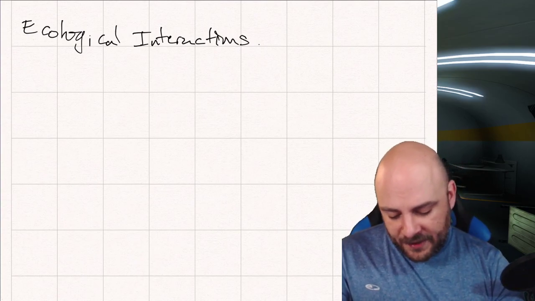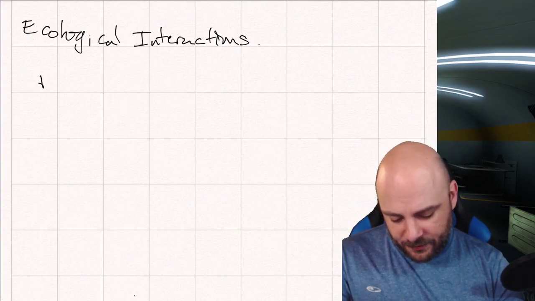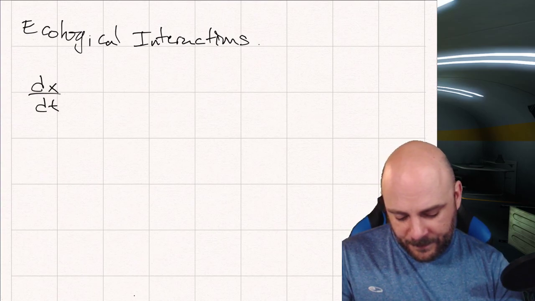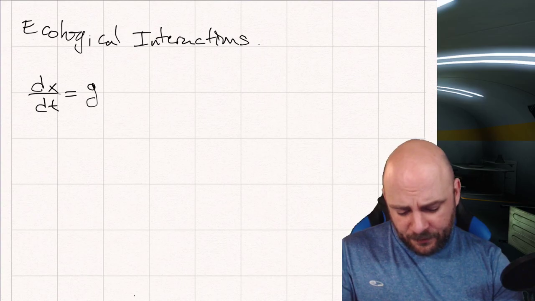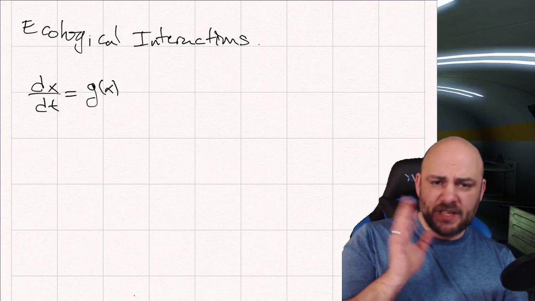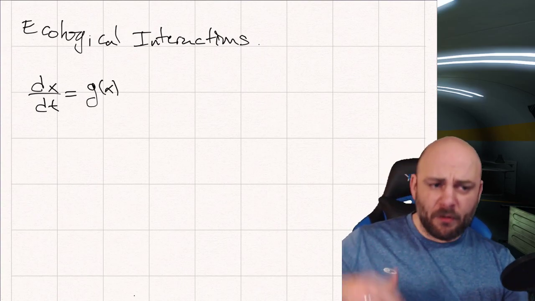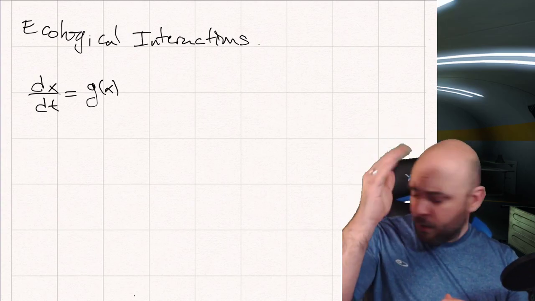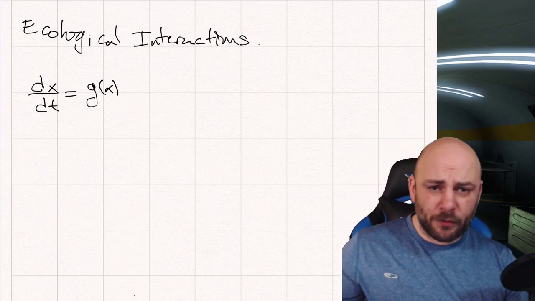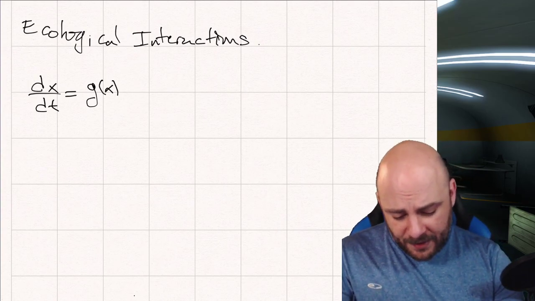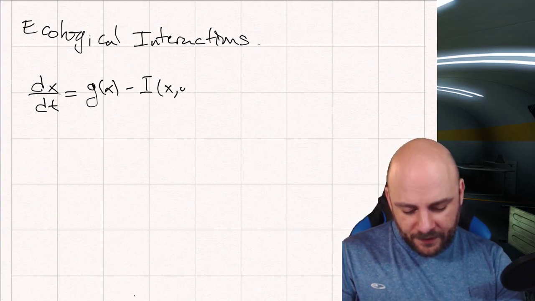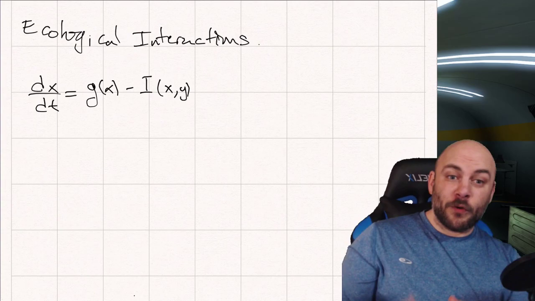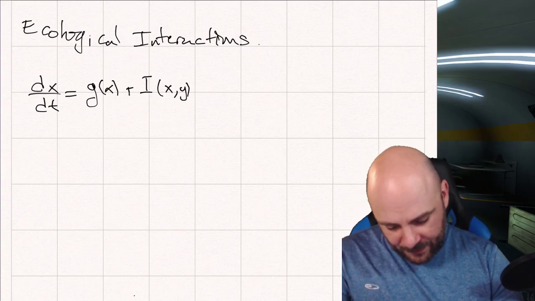I've got some species X. So I've got dx/dt, and species X, when he's all by himself, has some growth function, some g of x, that might be exponential growth, might be exponential decay, might be logistic growth, whatever the case may be. But then there's another function here. Let's go ahead and write that with a capital I, which is a function of x and y, where they interact with another species. I don't know why I put minus, I mean plus.